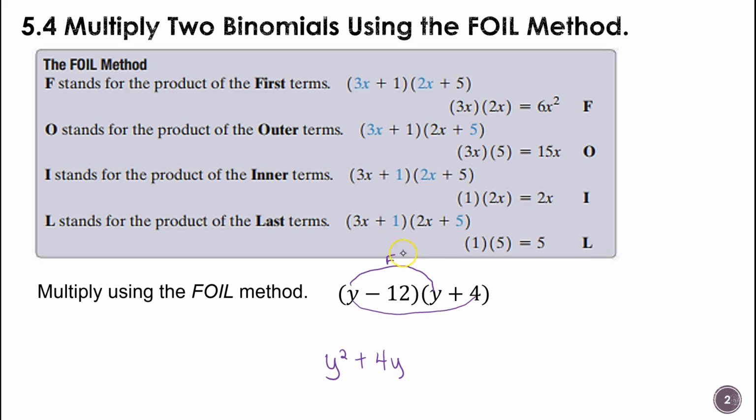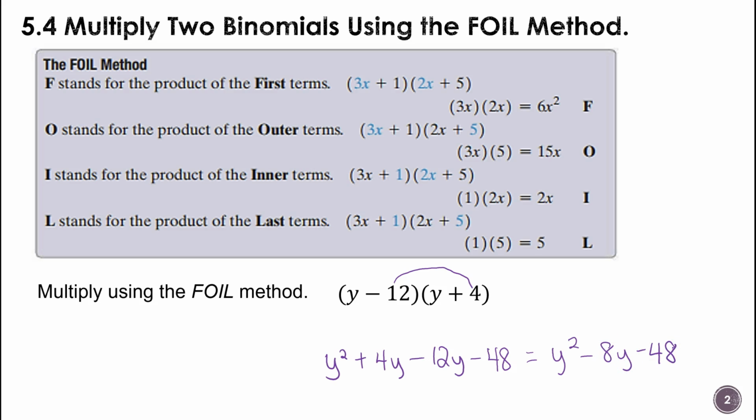I'm going to take these off as I go. Inner is going to be these two terms, right? The ones that are next to each other, kind of in the parentheses. So that's a negative 12y. And last would be the two terms that are last in each set of parentheses, and that's negative 48. And we end up with y squared minus 8y minus 48.